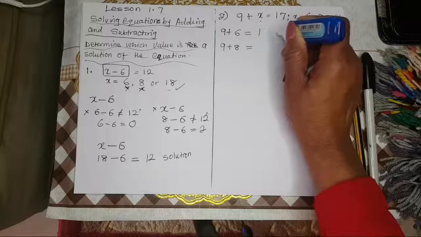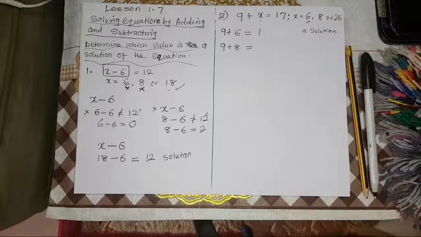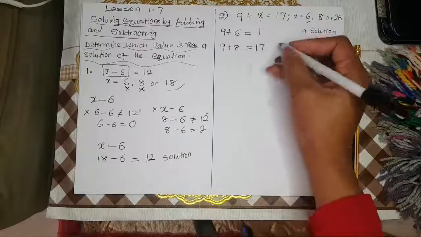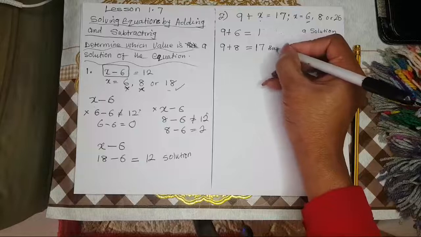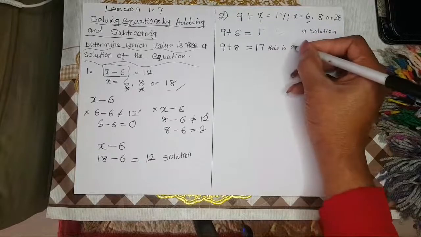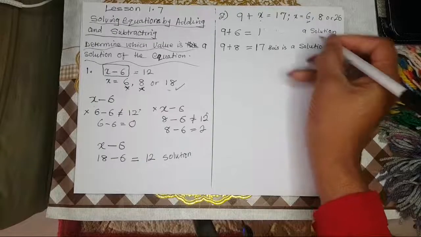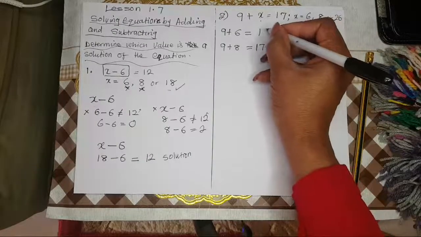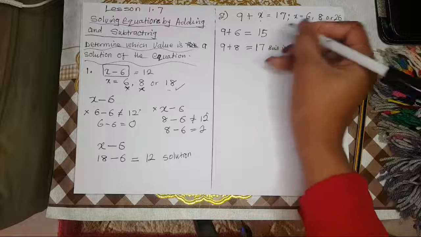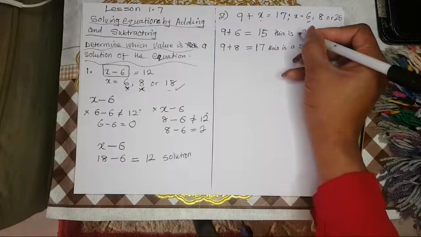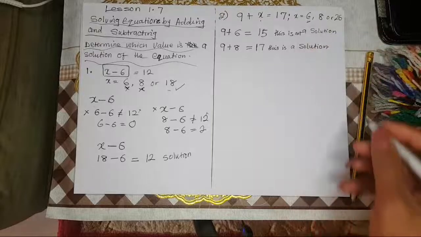Please, again, this is not a solution. 9 plus 6 is 15. 9 plus 8 is 17. So this is the one. This is a solution, okay? This will give you 15. This is not a solution.